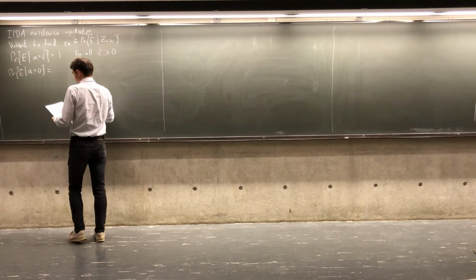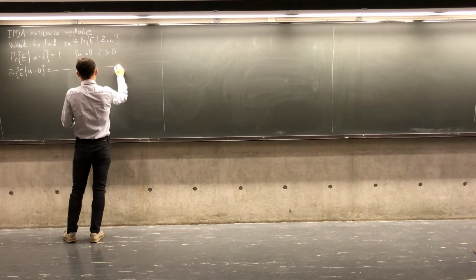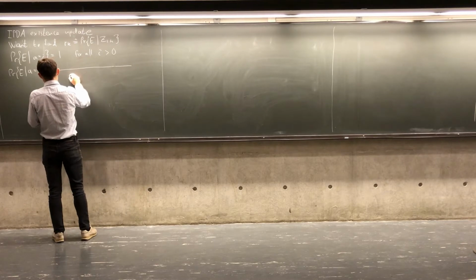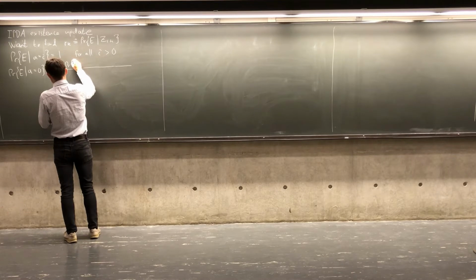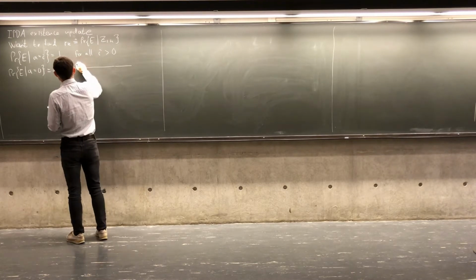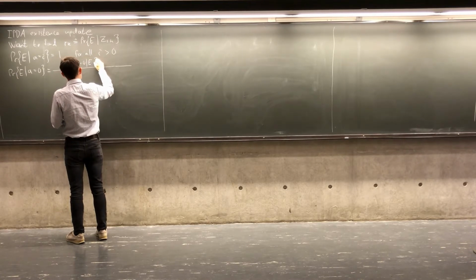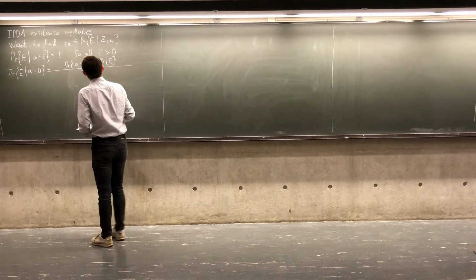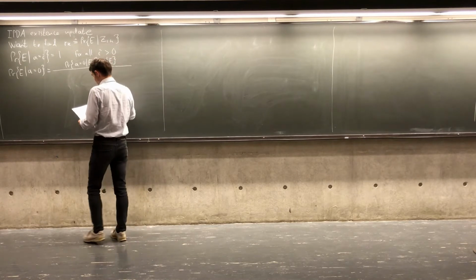In this case, we're going to use Bayes' rule. So what we have here is the probability that A equals 0 given existence, times the probability of existence that we have from the previous estimation cycle.